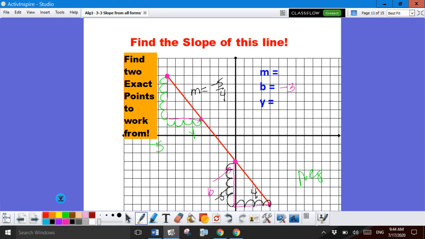They're the same. So as long as I am finding perfect points, I should come up with the same exact slope, okay? You always just want to double check that it's in lowest terms. So negative 5 over 4 doesn't simplify. So the equation is y equals negative 5/4 x minus 3, and it's done.